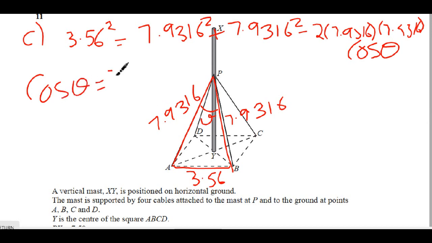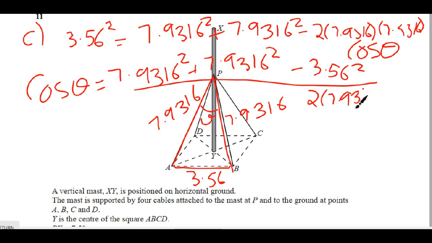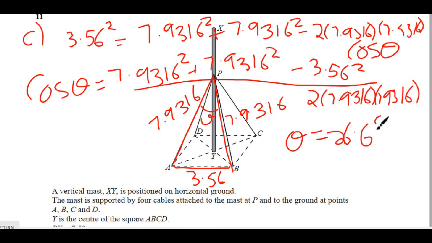Cos theta is equal to 7.9316 square plus 7.9316 square minus 3.56 square divided by 2 times 7.9316 and again 7.9316. Take cos inverse of this fraction and you should get 26.6 degrees. 26.6 degrees correct to 1 decimal place.